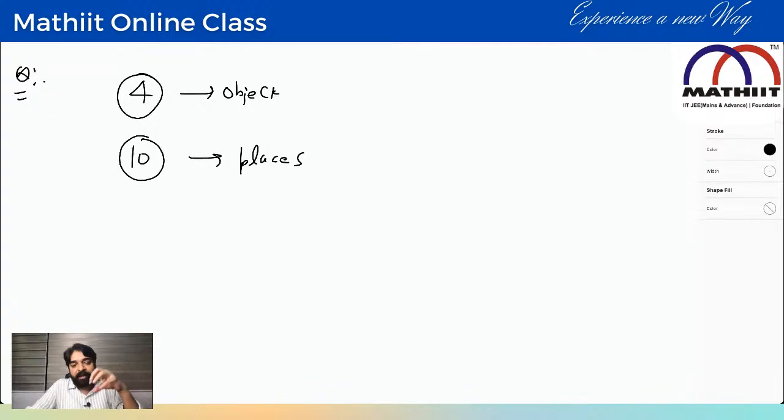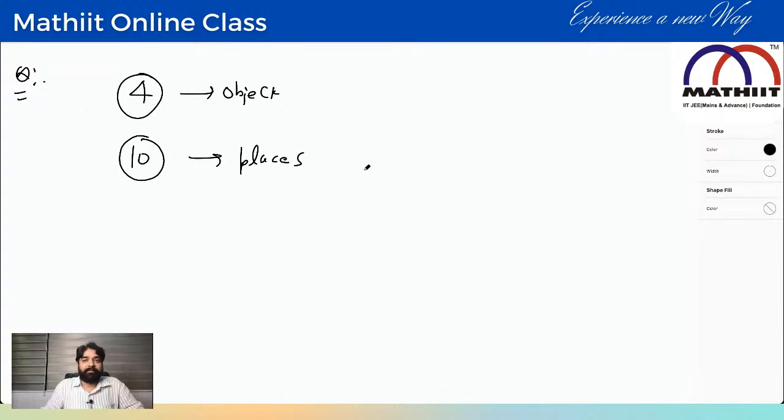Four objects into 10 places. Of course, all 10 will not be filled. So how many different arrangements can I show? Again, same thing. It will be 10P4 only.